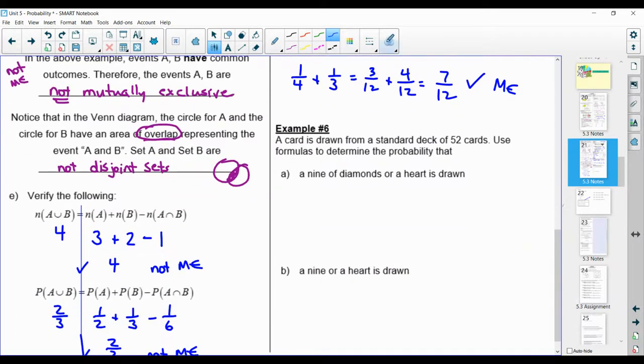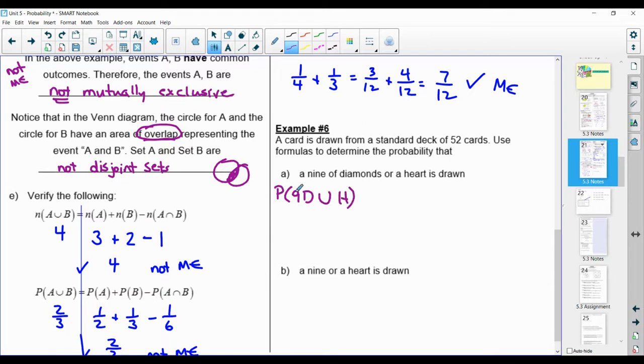All right, example number 6. A card is drawn from a standard deck of 52 cards. Using the formulas, determine the probability that a 9 of diamonds or a heart is drawn. Whenever we're doing probability questions, it's important that you list your probability outcomes. So the probability of a 9 of diamonds, so you can draw the diamond or just write a D, or a heart.